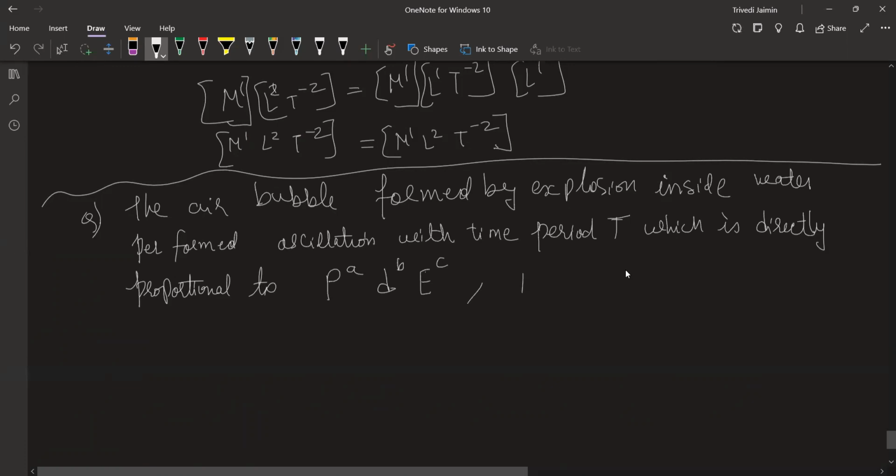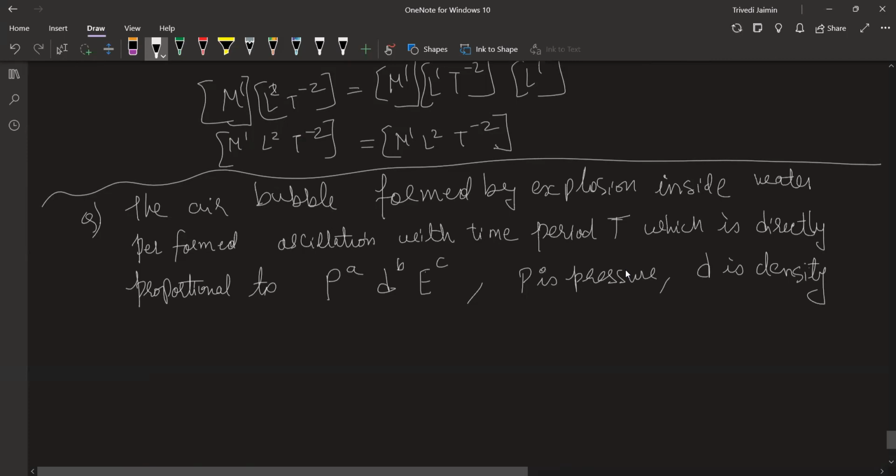Now, where P is pressure, D here is density. They can give any variable and they will mention that this variable is used for this quantity. Till now we were using rho for density, yes.